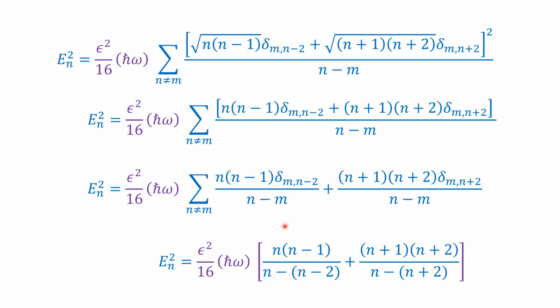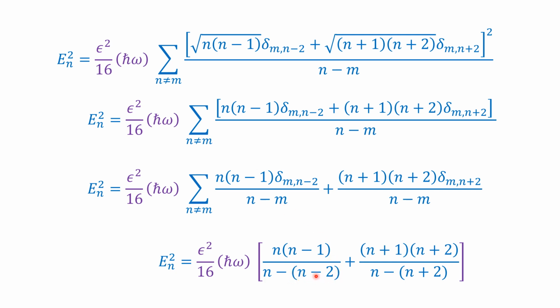So now you see in the first term, the condition is m must be equal to n minus 2. So under that, the summation is only allowed, so you can remove the summation term. Only under this condition, when m equals n minus 2, it is 1. Otherwise, it will be 0. Here I am replacing m by n minus 2.